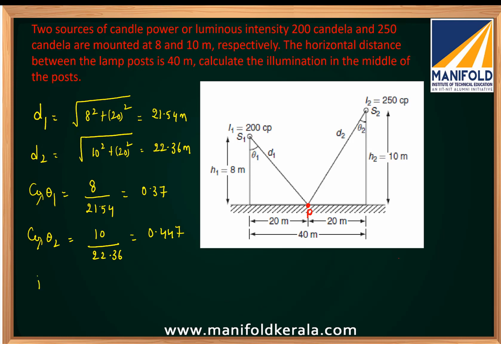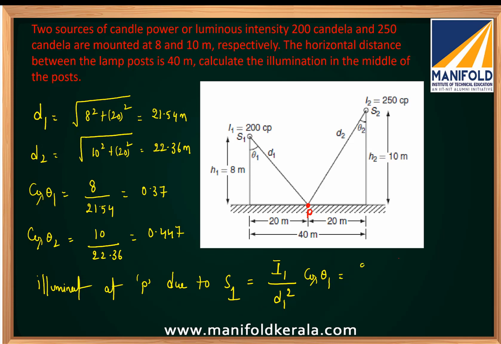Now the illumination at point P due to source S1 is given by, what is the formula? Luminous intensity of source 1, let us say I1, divided by the distance D1 square into cos theta 1.